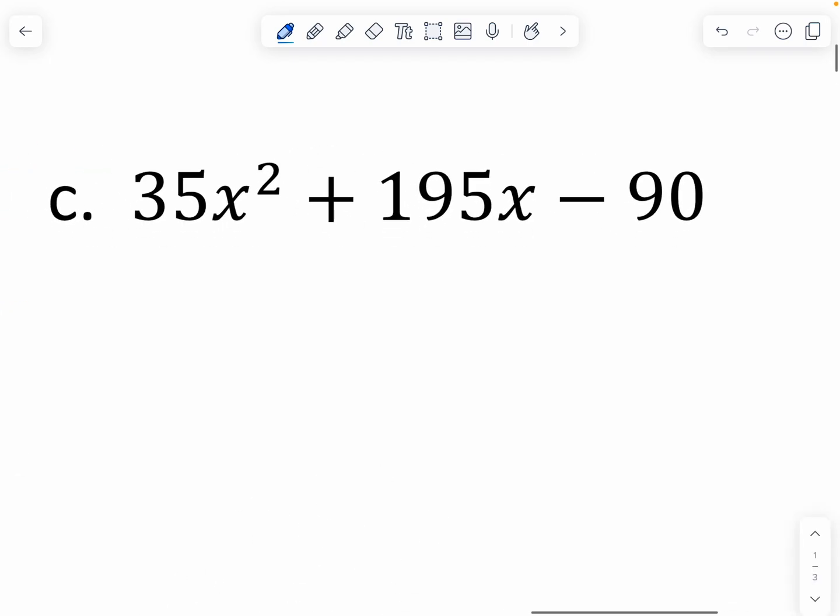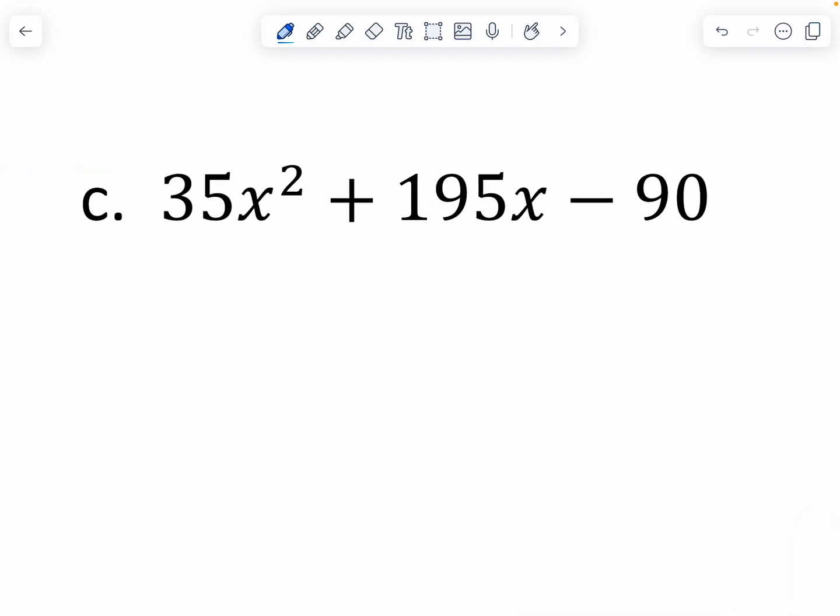Okay, next one here. First thing I notice is these numbers are very large. So what I'm thinking here is there's probably a GCF among all the terms. So I start with my smallest number, 35 here, and I start thinking about, does 35 go into all three of these? And it does not.